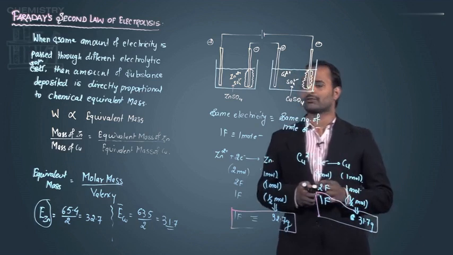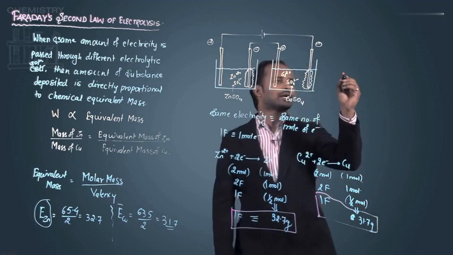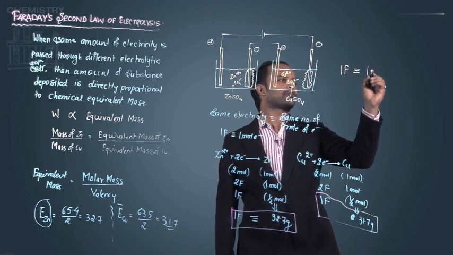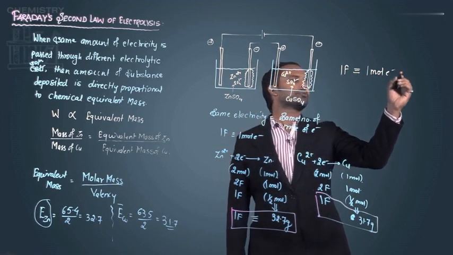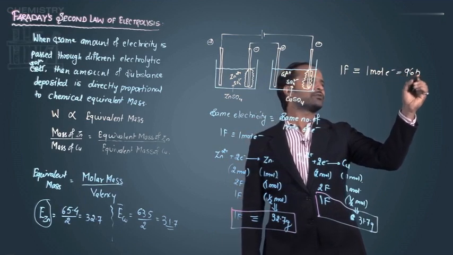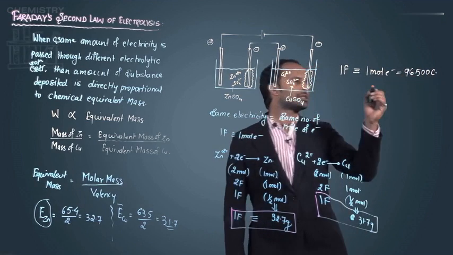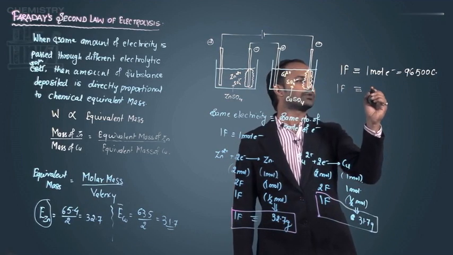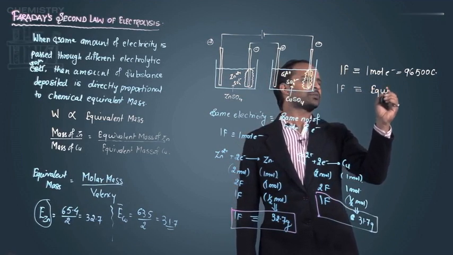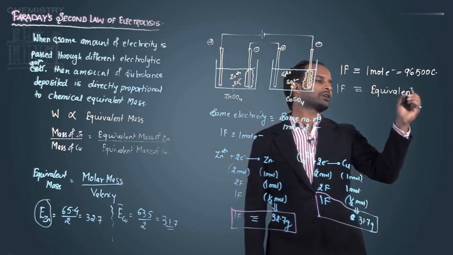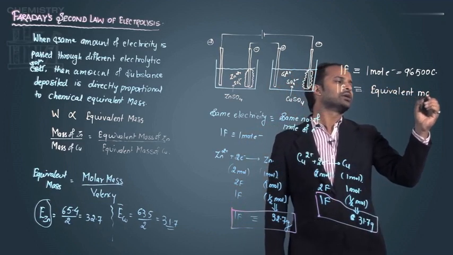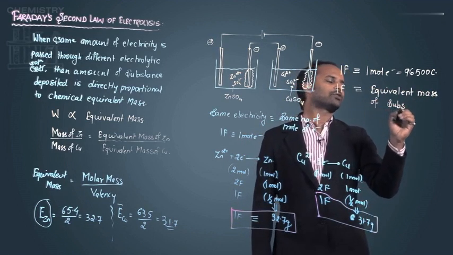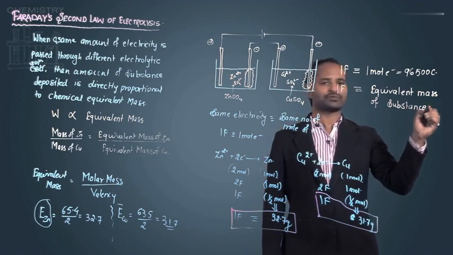From this we got a very, very important statement: passing 1 Faraday of electricity means you are passing 1 mole of electrons, which is equivalent to 96,500 coulombs of electricity, and it deposits an amount of substance equal to its equivalent mass. So whatever the equivalent mass of the substance is, that particular amount of substance will deposit.